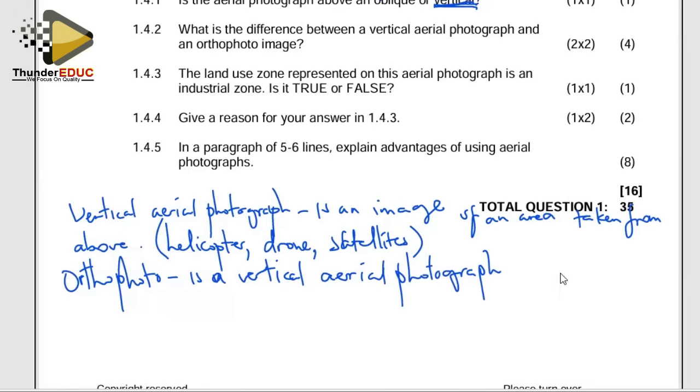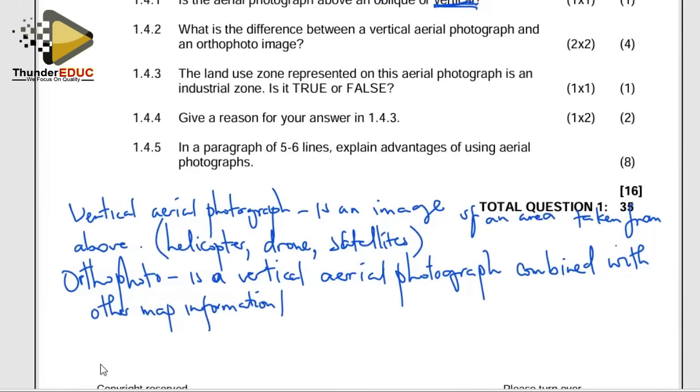But the difference here is that a vertical aerial photograph is combined with other map information, or height indicators.